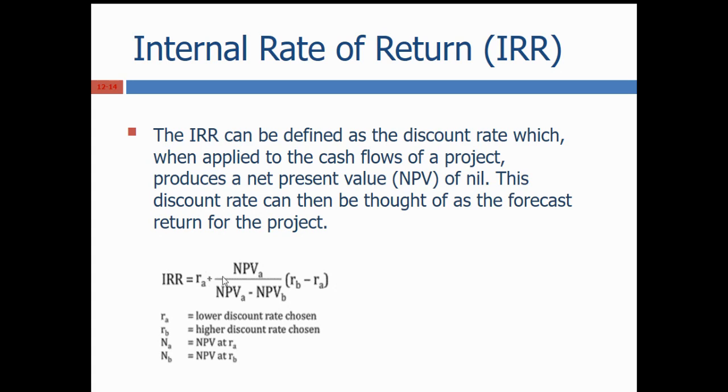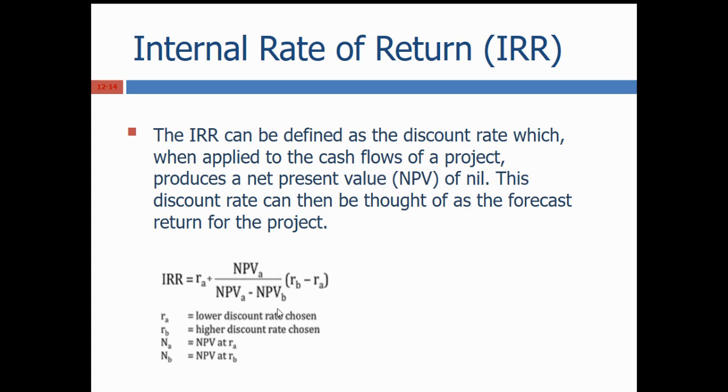So 10% plus the NPV from the lower discount rate, which is the positive NPV, divided by the positive NPV minus the negative NPV. Positive minus negative NPV means what? Minus negative, it becomes two negative signs. When you have two negative signs, you guessed it right, it's a positive.